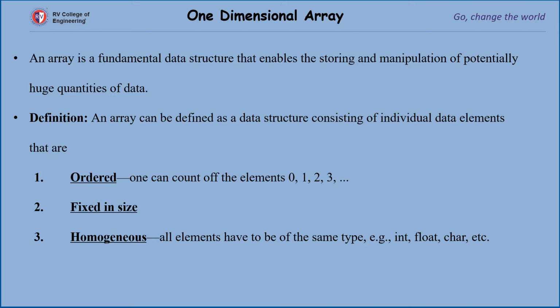So after knowing the advantages of array, let us now understand one-dimensional array. Basically an array is a fundamental data structure that enables the storing and manipulation of potentially huge quantities of data.